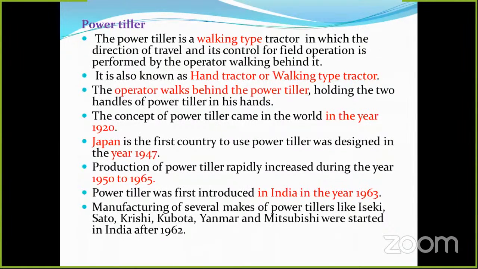In 1947, a Japanese company designed the perfectly shaped power tiller, and during 1950 to 1965 power tillers increased rapidly. Why? Because they can be handled very easily by small and marginal farmers. In 1963, the power tiller was introduced in India. Many companies are there: Krishi, Kubota, Yanmar, Mitsubishi.